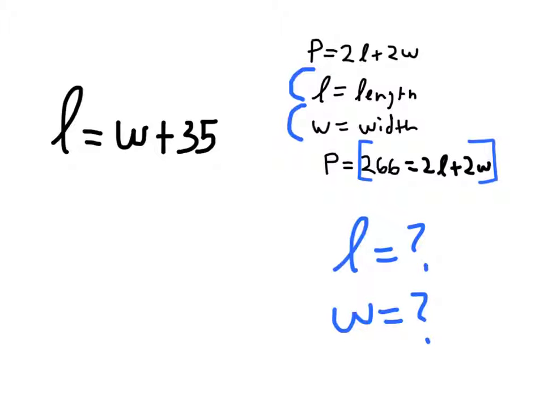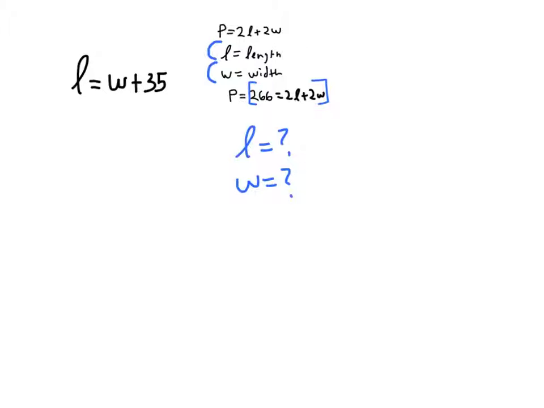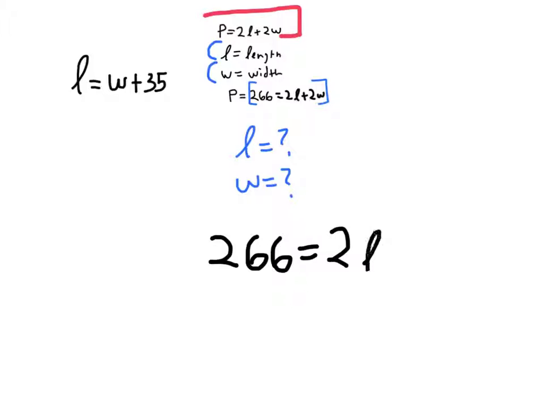So then, as you demonstrated pretty well earlier, all you really have to do is use substitution in that case. We have the original equation right there for perimeter. I'm going to rewrite it down here, but I'm going to replace this P with the 266 because we already know that the perimeter is 266. And that equals 2L, I'll just write that again, plus 2W.